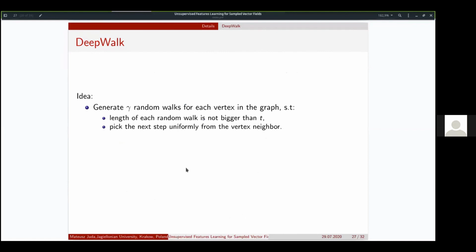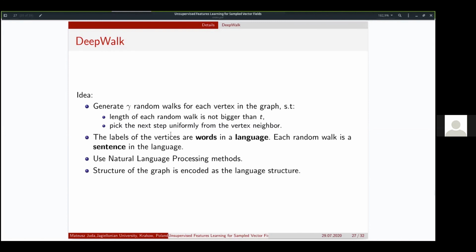The idea is to generate some random walks in the graph. So gamma is the number of random walks starting from each vertex, and the length of each walk is fixed, no bigger than t. And we pick the next vertex uniformly from the neighbors of the vertex. Just a reminder, we have labels for each vertex.